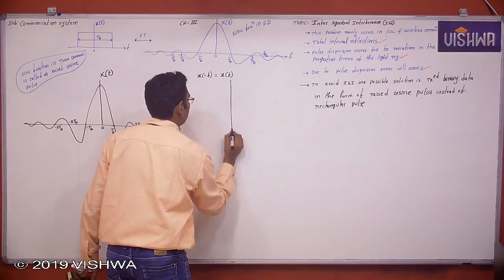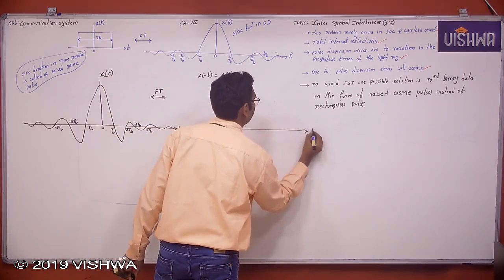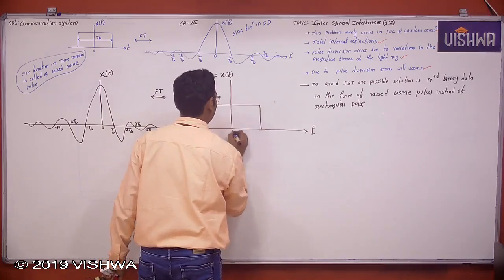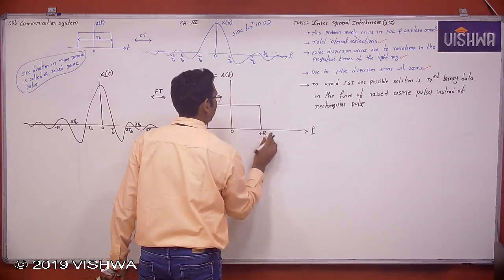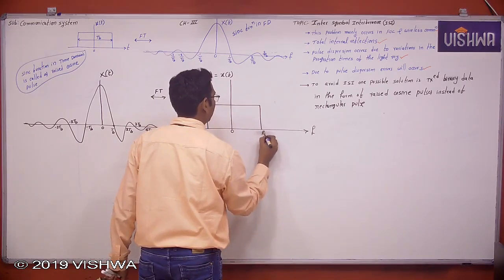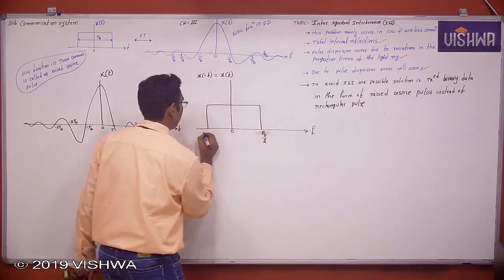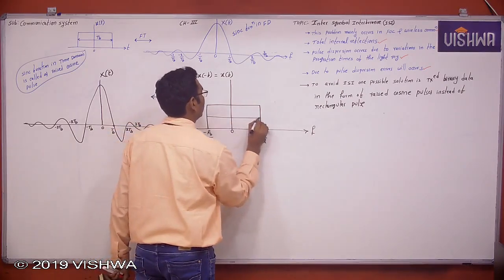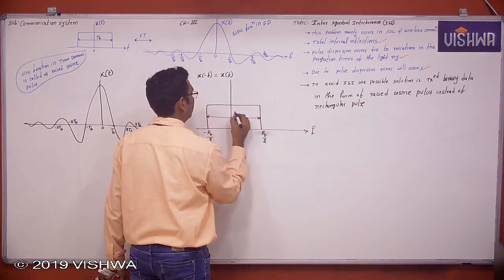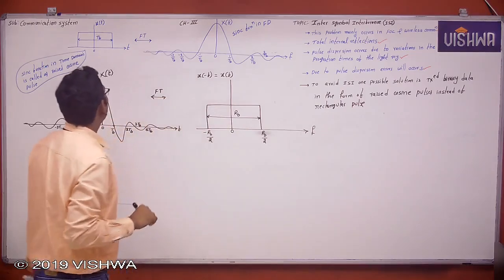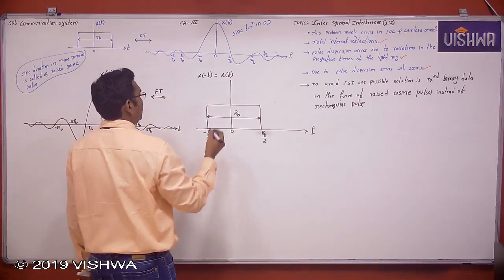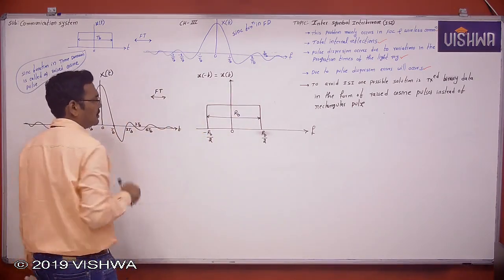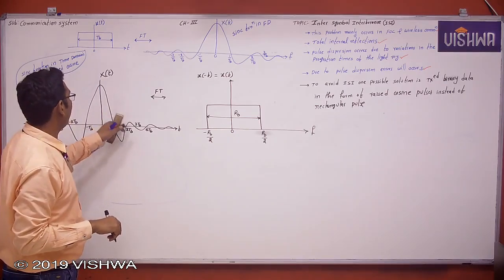Therefore, this is the Fourier transform of a raised cosine pulse.